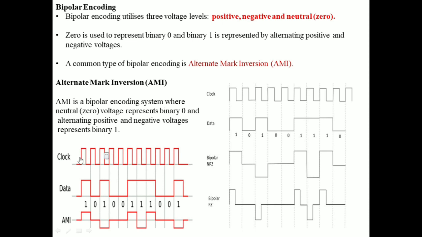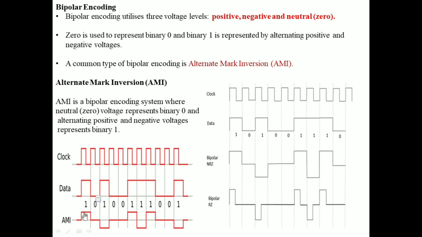So this is the clock, and these are the data bits 10100111001. Now according to alternate mark inversion, 0 is used to represent binary 0 and binary 1 is represented by alternating positive and negative voltages.